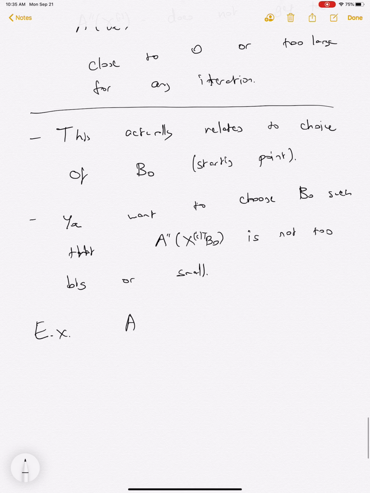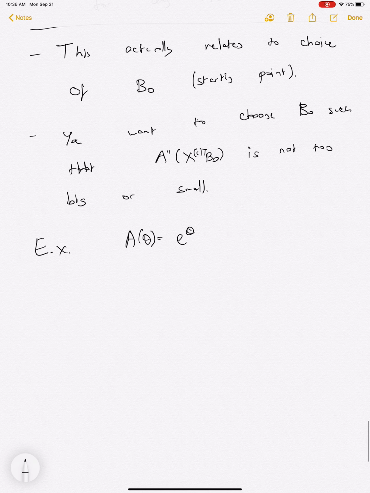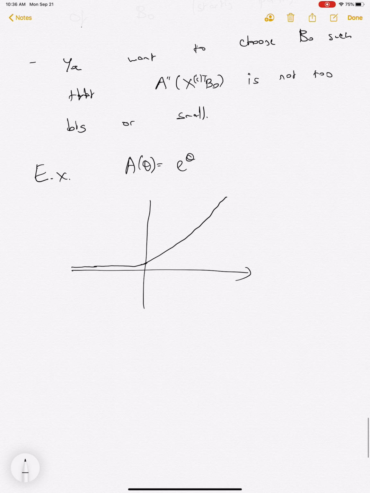If a of theta is e to the theta, we know that the function sort of looks like this. So we know that a prime prime of theta equals e to the theta.